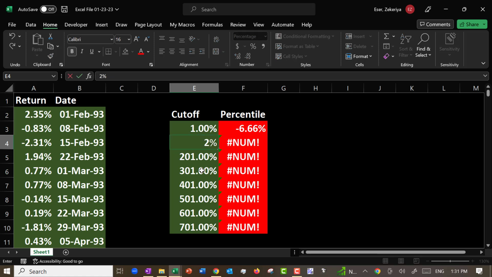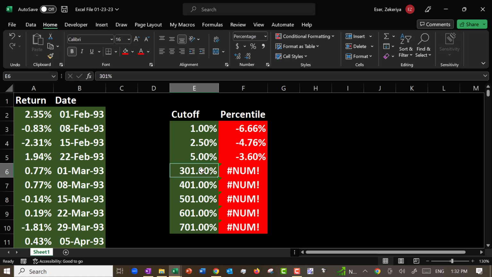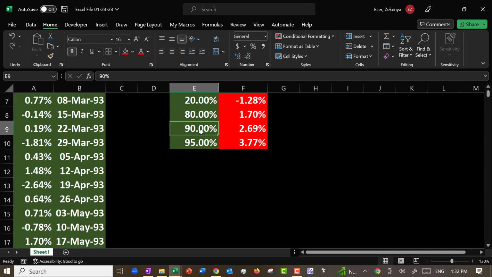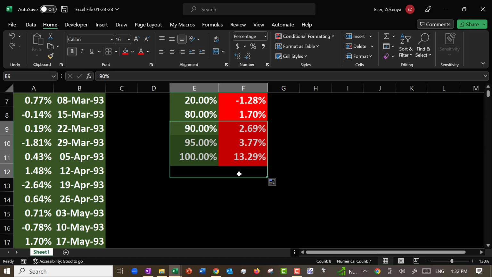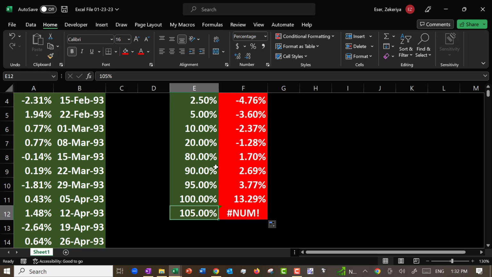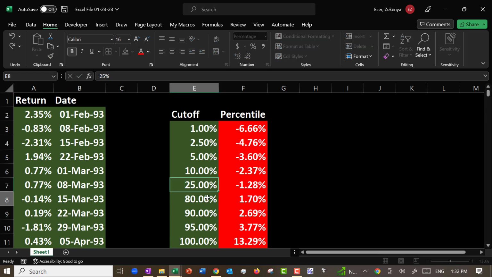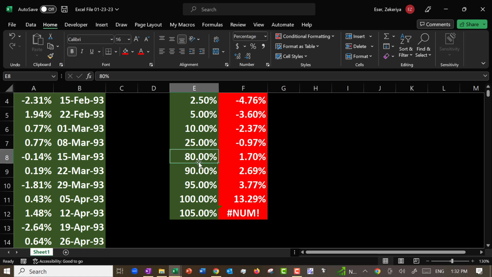Let's do 2.5, 5, 10, 20, and I'll do more numbers on the other end, 80, 90, 95, actually I want to do this 25 and 75, 97.5 and 99.